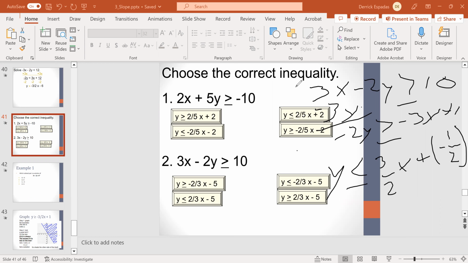I set that up. 3x minus 2y is greater than or equal to 10. We subtracted 3x from both sides. It got canceled, leaving us with -2y.